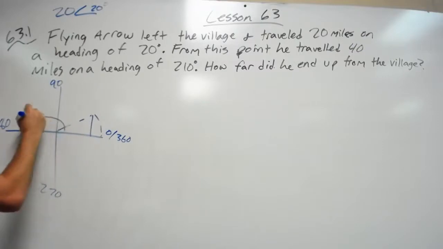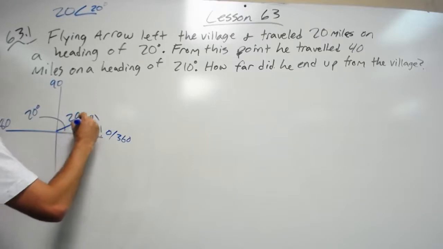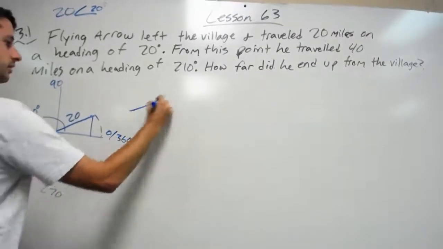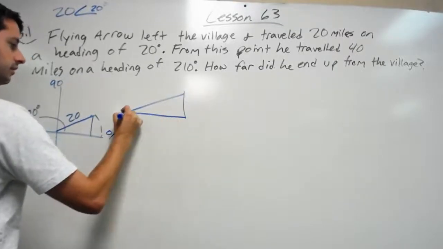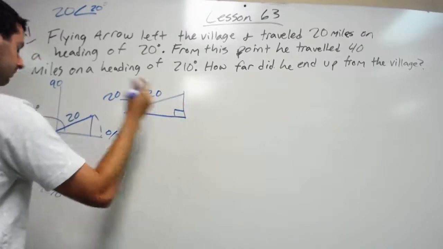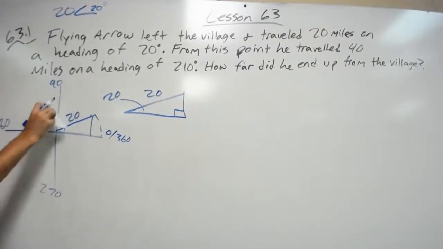So this is a 20-degree angle, and our hypotenuse is 20. So if we're drawing a triangle, what our triangle looks like is this. So we've got a right triangle. We're going to come back to that in a second.